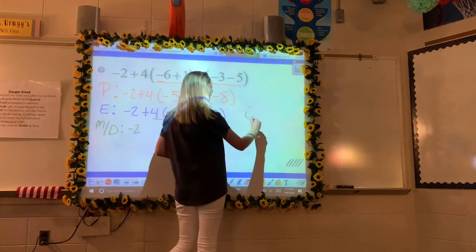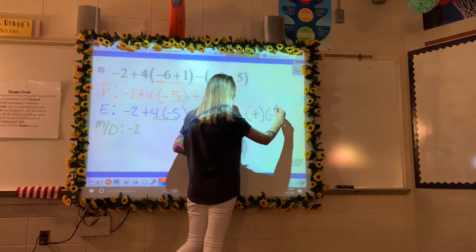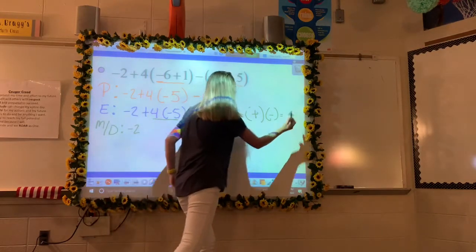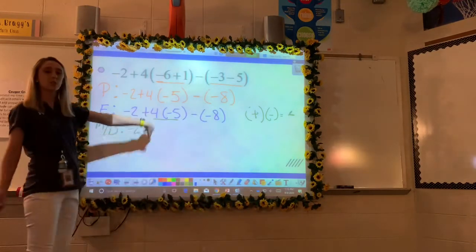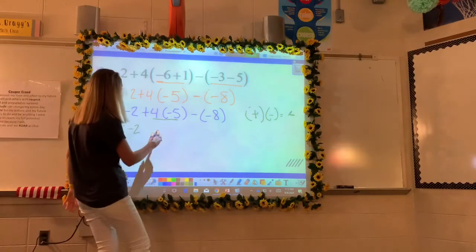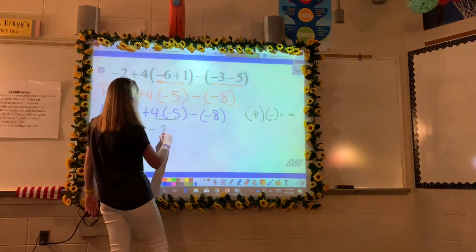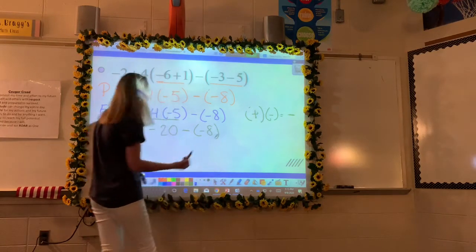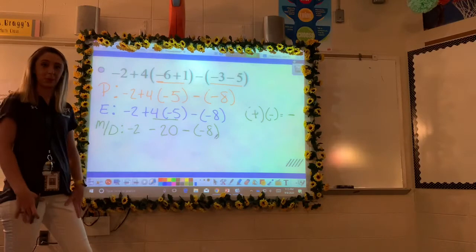So we have a positive, and we're timesing a negative. So when our signs are different, we always get a negative. So what's 4 times 5? Correct, we get 20. So we're going to subtract 20, and then we minus -8. We'll just bring the rest down because nothing else is multiplying, okay?